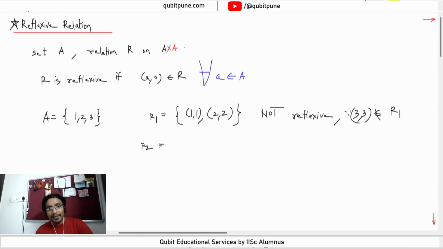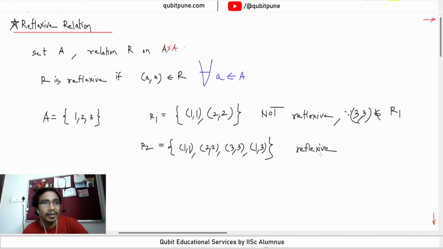Whereas R2, see, it may have additional pairs like (1, 3), doesn't matter. It's reflexive. So if you have this idea in mind that a reflexive relation can only have those ordered pairs whose components are same, that's not the case. So this is also reflexive. Is that clear?